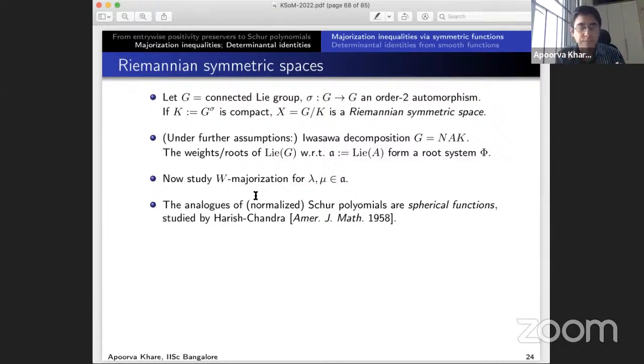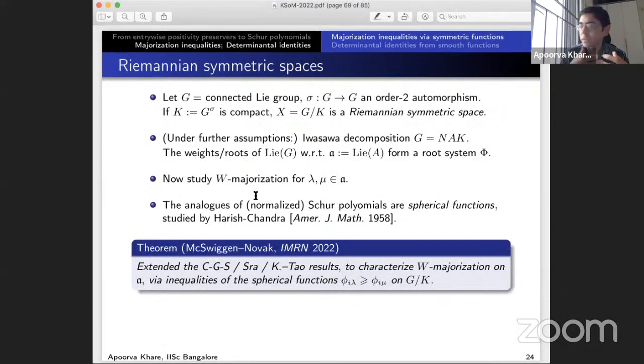These are called spherical functions, and they were studied in particular by Harish-Chandra in 1958, among other things, where he found an integral representation for spherical functions. So what McSwiggan and Novak did in their paper this year is they extended the Cutler, Green, Skandera, and Sra characterization for integer powers, or the extension by Tao and me to real powers, for usual majorization, to classify W-majorization on A for all these W's, for all types.